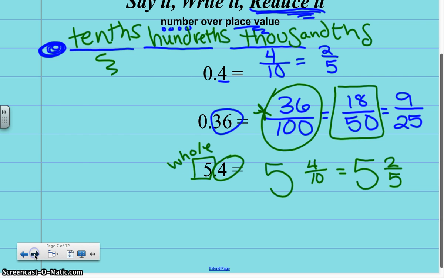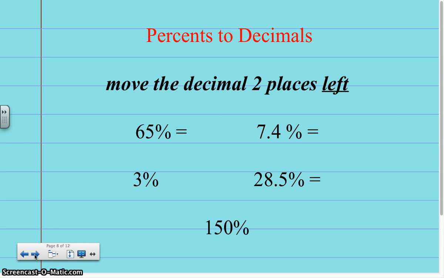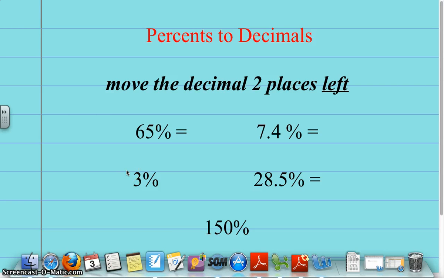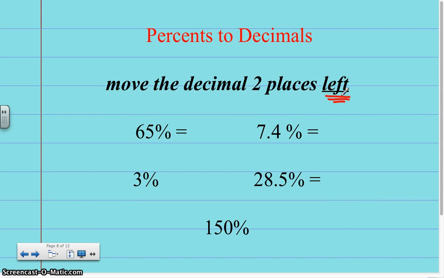Next concept you have to convert is going from a percent to a decimal. When we convert from percents to decimals, we want to move the decimal 2 spots to the left. If it's not given to us, we always have that unspoken decimal at the end, because it's a whole number.